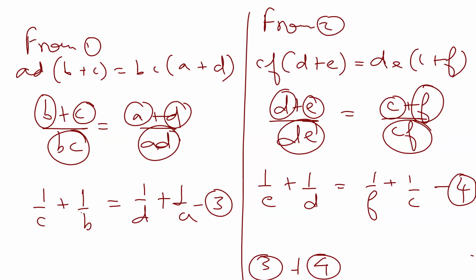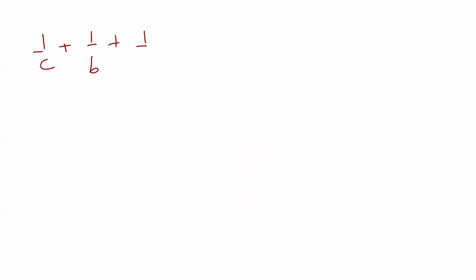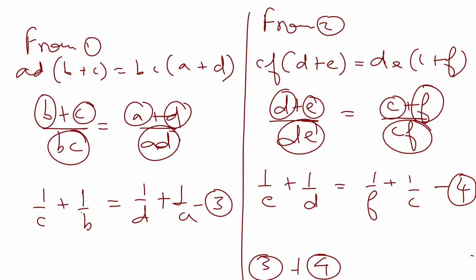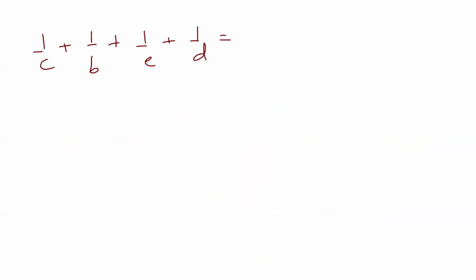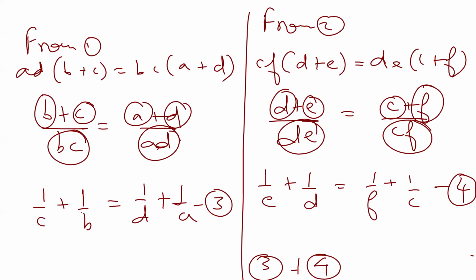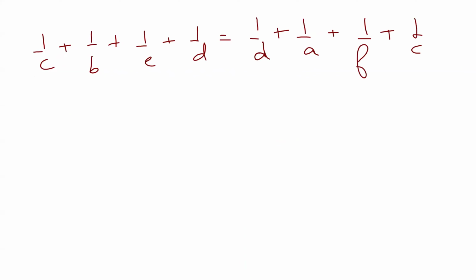So 1 upon C plus 1 upon B plus 1 upon E plus 1 upon D equal to 1 upon D plus 1 upon A plus 1 upon F plus 1 upon C. So 1 upon C, 1 upon D gets cancelled.